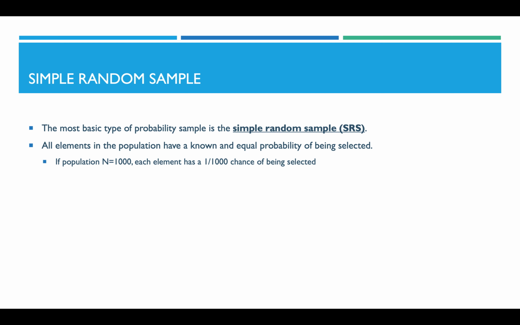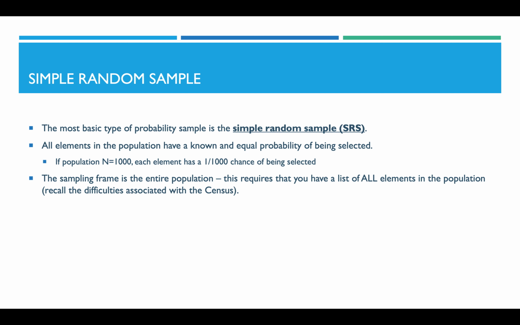This means that if our population consists of 1,000 different elements, each element in the population has a 1 out of 1,000 chance of being selected. The other key point here is that when we're doing simple random sampling, the sample frame, that list from which elements in the population are drawn into the sample, is the same as the entire population.